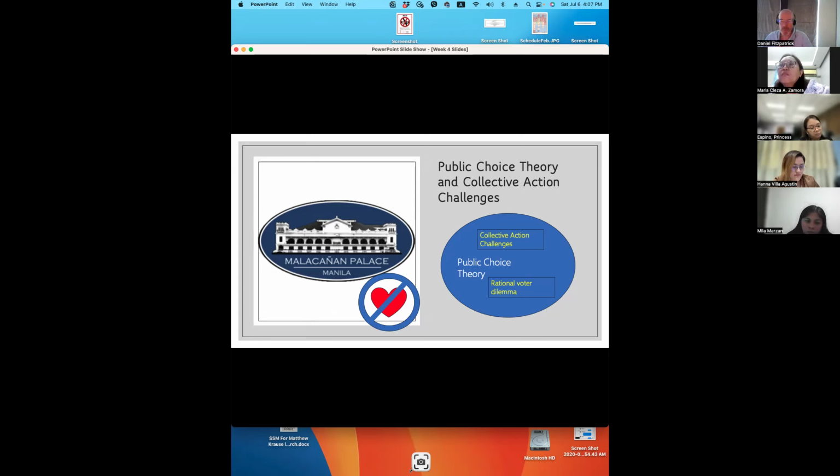But I want to make sure that we get this concept down here. As you can see, the public choice theory and collective action challenges. Public choice theory is the greater concept, and then collective action is a concept within the public choice theory.